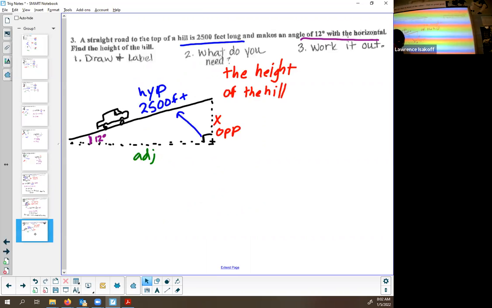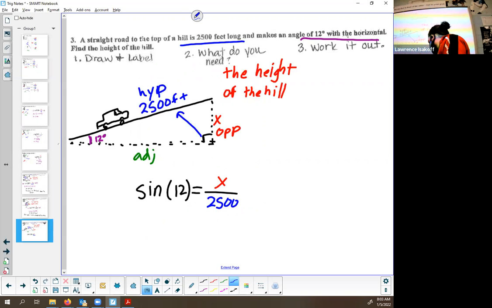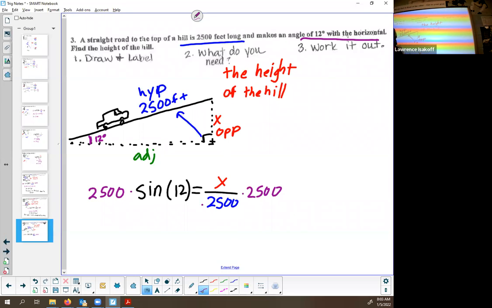So I'm going to now say the sine of 12 degrees is equal to my opposite x over my hypotenuse of 2,500. So now I'm just going to multiply both sides by 2,500. Those cancel out.